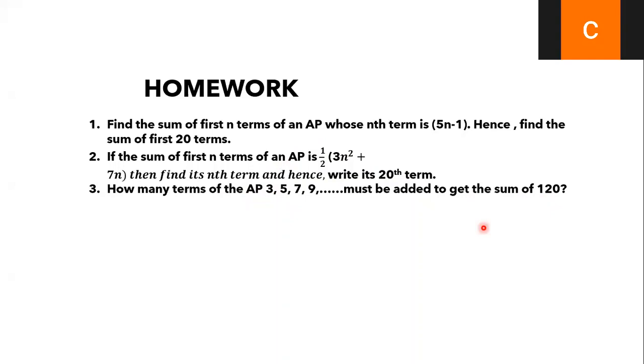The N values will be minus 12 and 10. So take the positive number, N value 10, because the number of terms cannot be negative. Am I clear, children? First three sums, second is high order thinking. Solve all three.